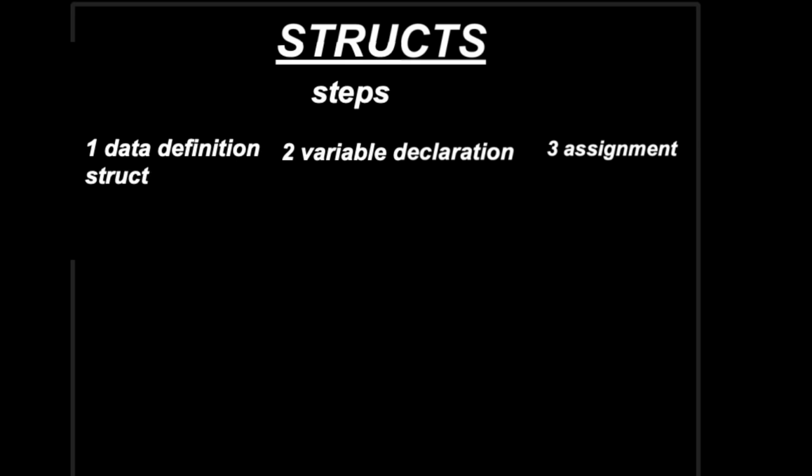So now we write struct, and we're going to name this instruction gym. Because this instruction is going to be for our gym variable, we're going to name it gym, and we need to open a curly bracket, and inside this curly bracket we're going to write the instruction. So first of all, we're going to declare this. Here we're telling the compiler that this struct is going to have an ID, and this ID is going to be an integer data type, so that's why I'm using int.